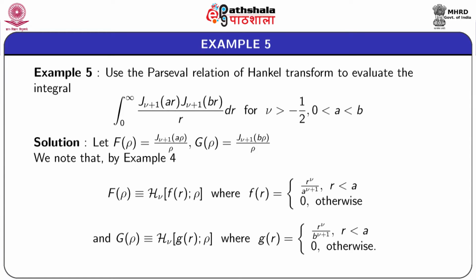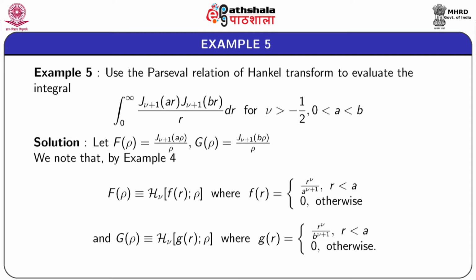Next we come to example 5. Here we use the Parseval relation of Hankel transform to evaluate the integral from 0 to infinity J nu plus 1 a r J nu plus 1 b r by r dr for nu greater than minus half and 0 less than a less than b.